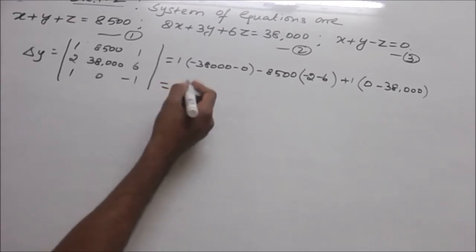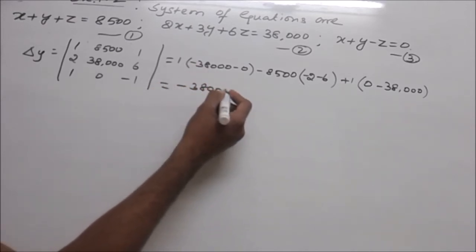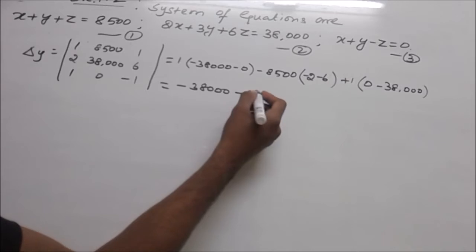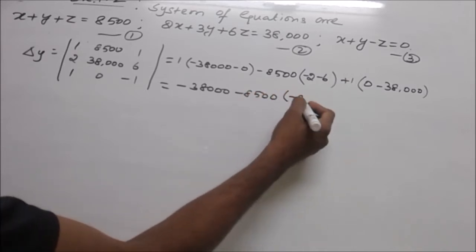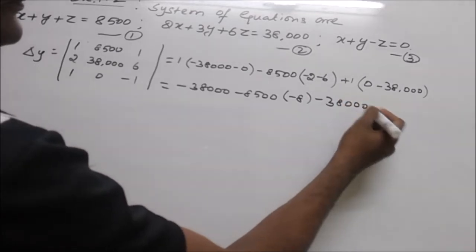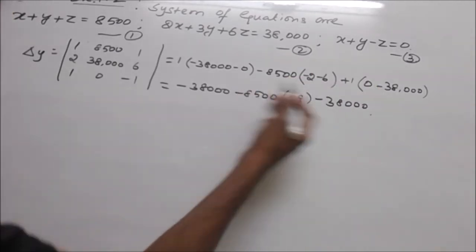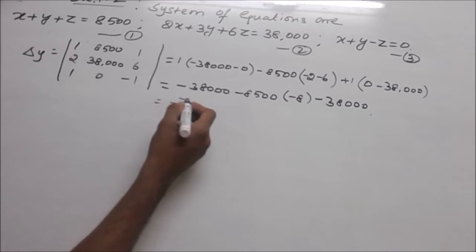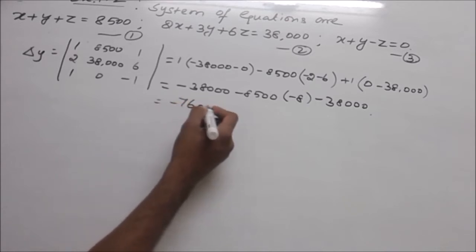That is equal to minus 38,000, here minus 8,500 into minus 8, and again one more minus 38,000. Now adding these two values, we will get minus 76,000.